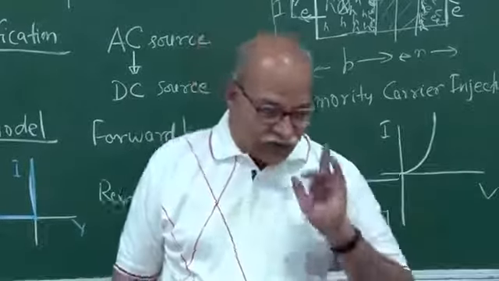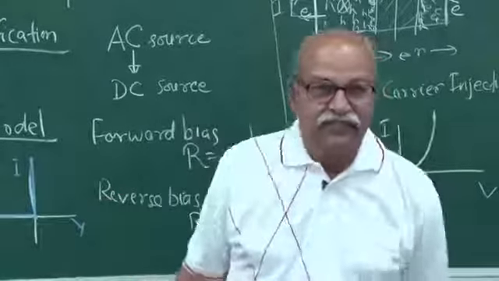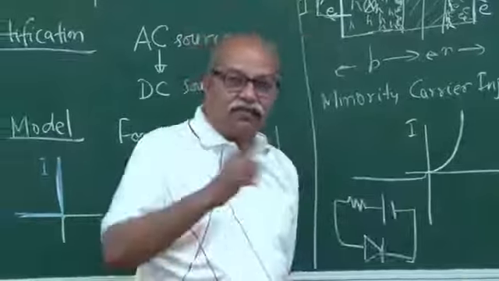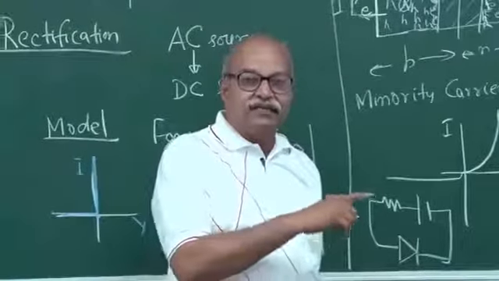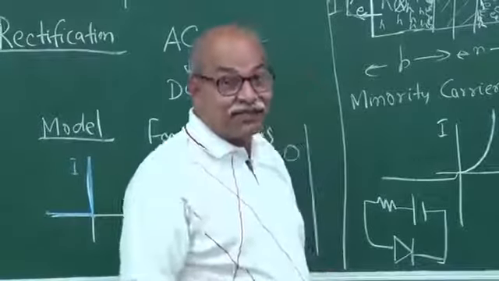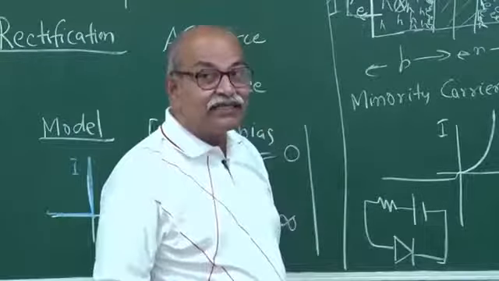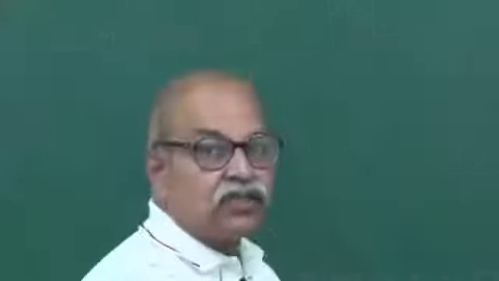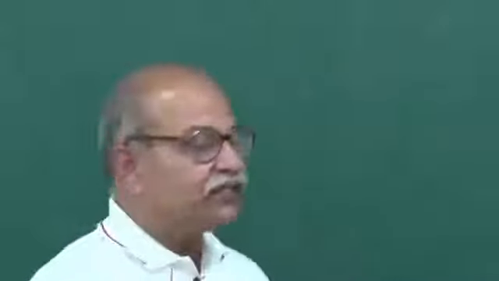Okay. So let me talk more about this rectification, how this rectification is done or can be done, or at least the basic unit can be developed using this diode. So suppose you have an AC source.